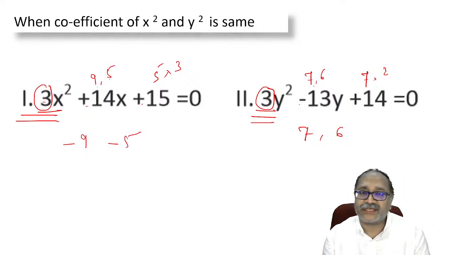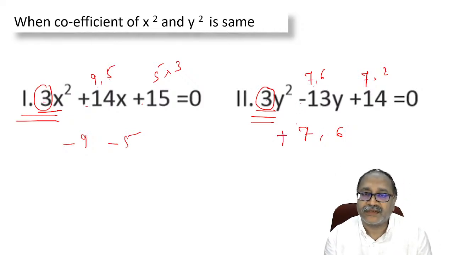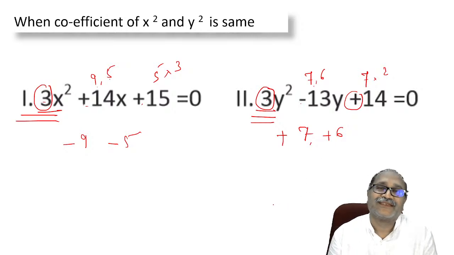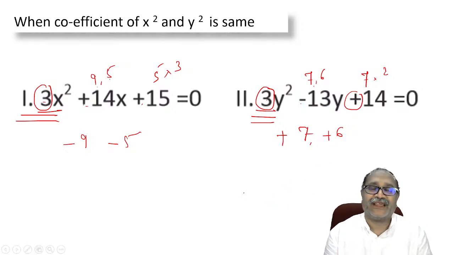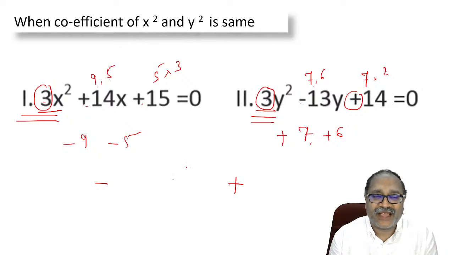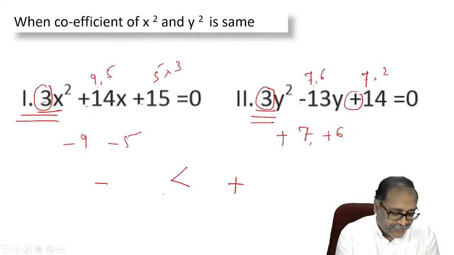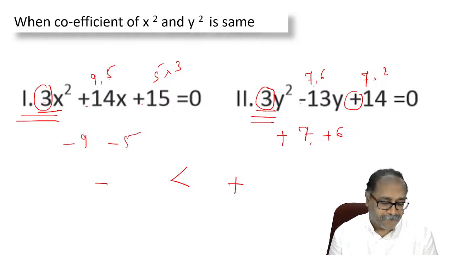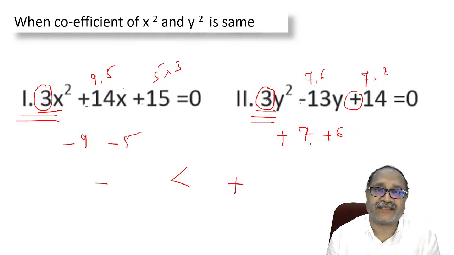Now, a sign minus will become plus, and this minus do not change the next sign, so it's plus. So in this particular question, we don't need to get the value also, because I can see that both the x values are minus and both the y values are plus. So anyhow, x is less than y. Am I clear? x is less than y. Okay, that's great.